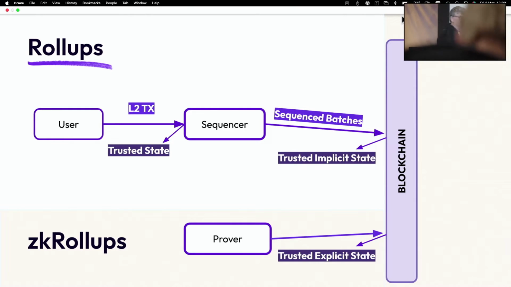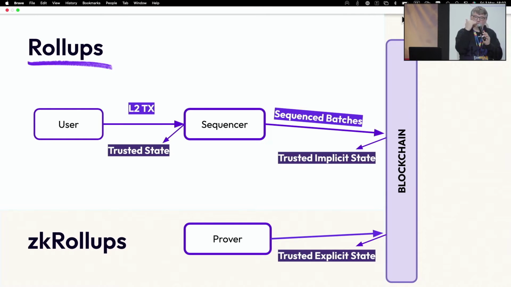The second stage is once in a while, maybe 1 minute, 2 minutes, or 3 minutes, the sequencer will send these transactions to layer 1. Here is where the data availability will be. Once these transactions are in layer 1 and are sequenced, then you will have what we call a trusted state. It's a state that anybody can compute because you have the transactions on chain.